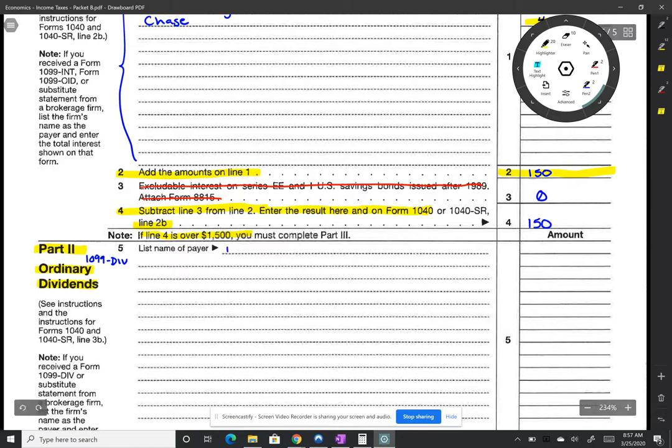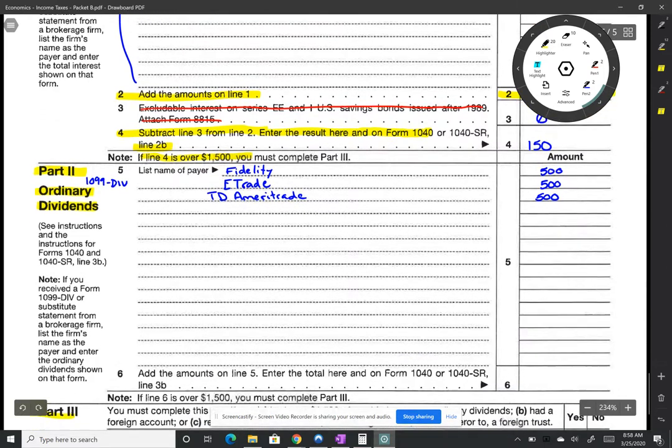It can be Fidelity, E-Trade, TD Ameritrade, et cetera. And then you put the amount of dividends. I'm going to just do like 500 each. And that's line 5.